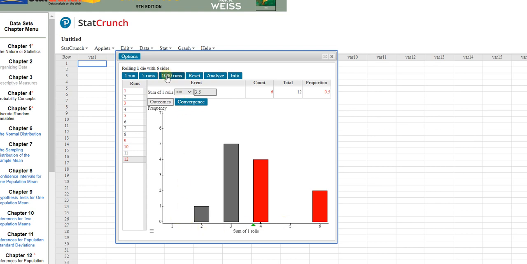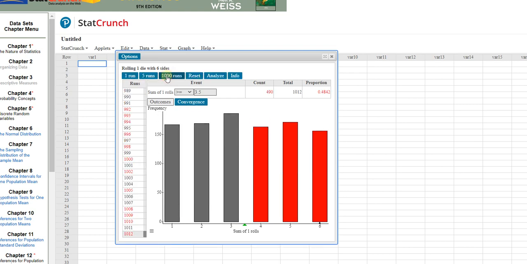Let's roll 1,000 times now. A different picture now, huh? If things were equally likely, which is the case with a roll of a fair 6-sided die, you would expect these bars to be exactly the same height. That means they're equally likely. If I hold the mouse over this, it looks like I have 167 out of 1,000.